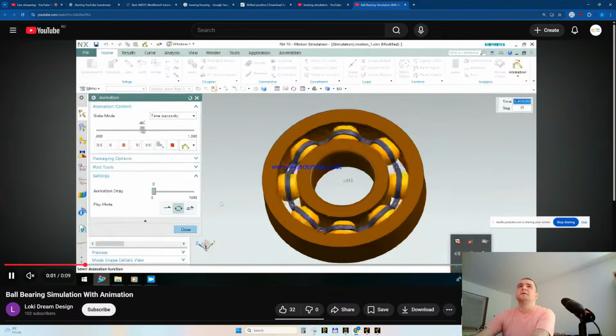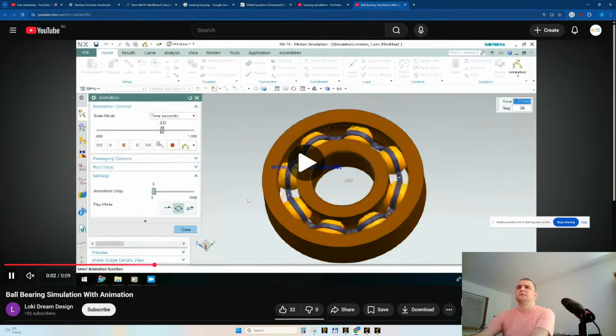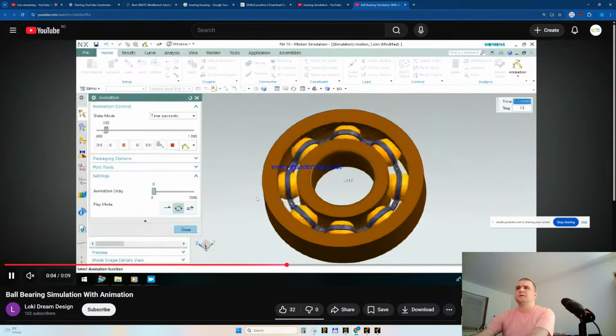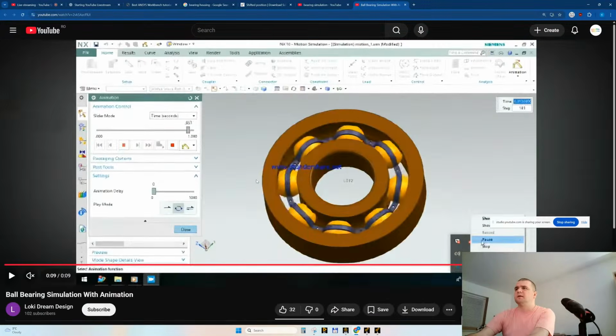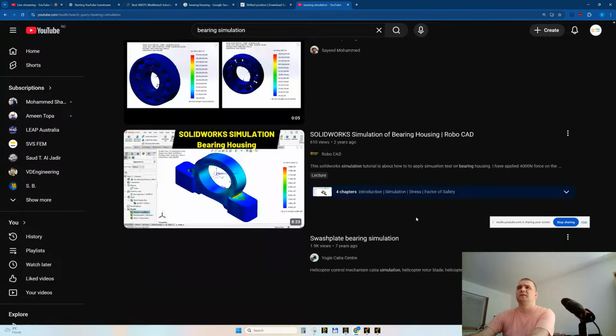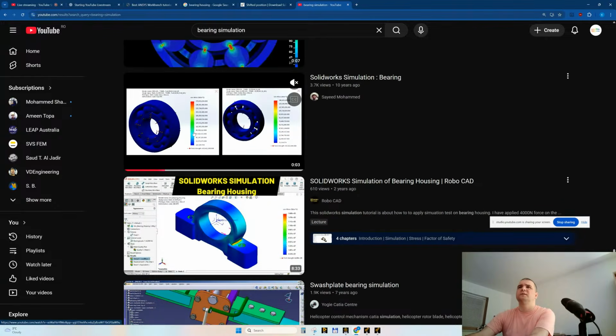Yes, sir. So what is this? Siemens something, simulation, motion. It seems like rigid dynamics, maybe an animation. Definitely not FEA. What is the purpose of this?